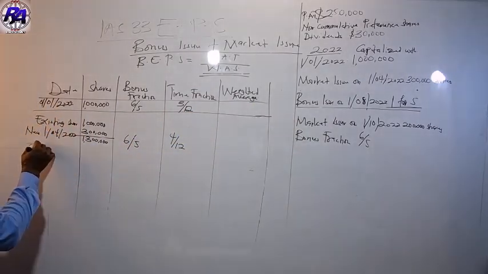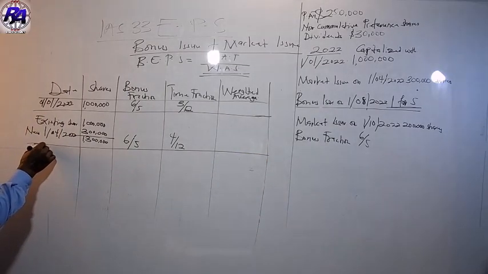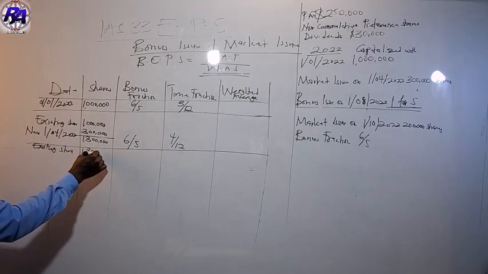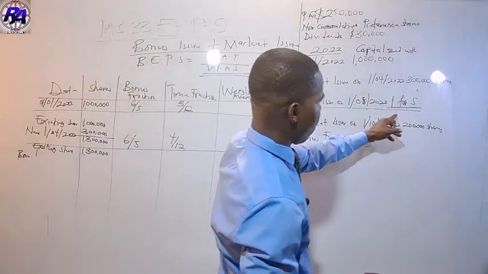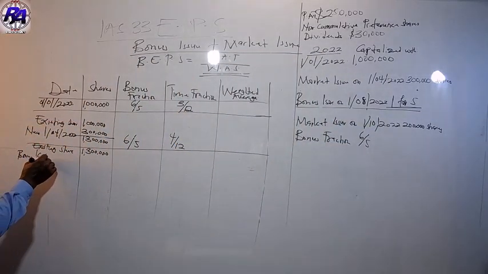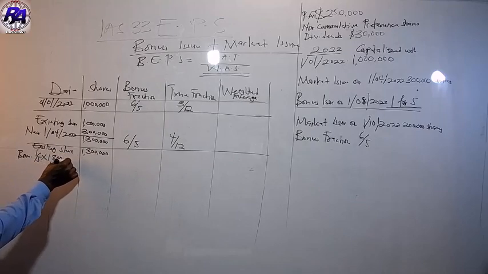Let's see. In this case, what are our existing shares? Our existing shares are going to be 1,300,000. Now what is our bonus issue? They said 1 for 5. So 1 divided by 5 multiplied by the existing shares of 1,300,000.